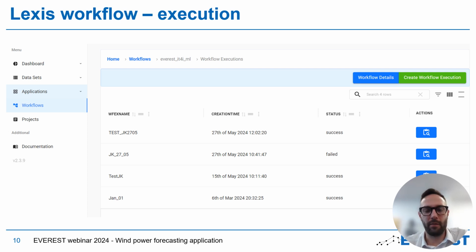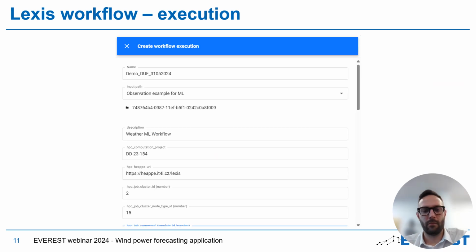In this slide, we simply show an example of the previous execution of our workflow. And then here we created a new execution. It is required the name of the new run and also to indicate the input path of the observation data. For the other values, you can leave the default values.